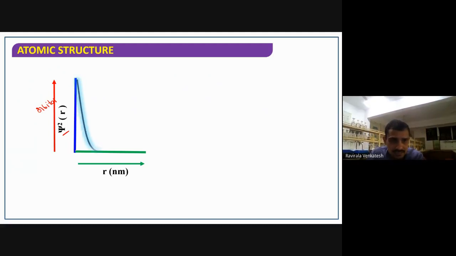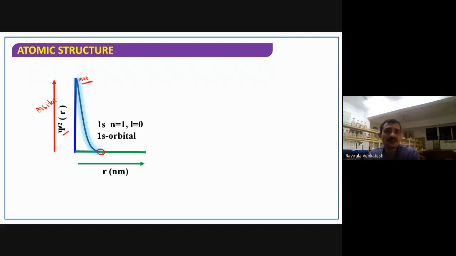Initially, near the nucleus, the probability of finding the electron is maximum.